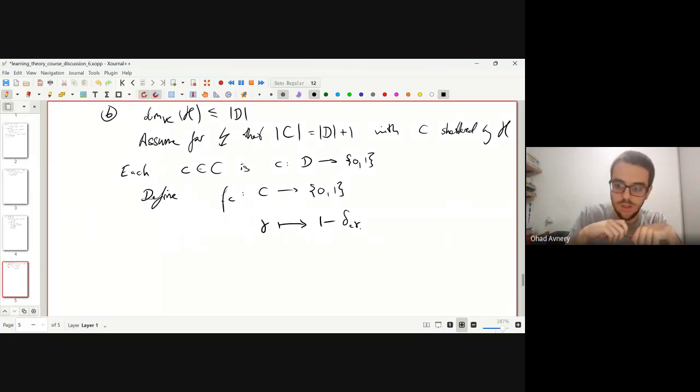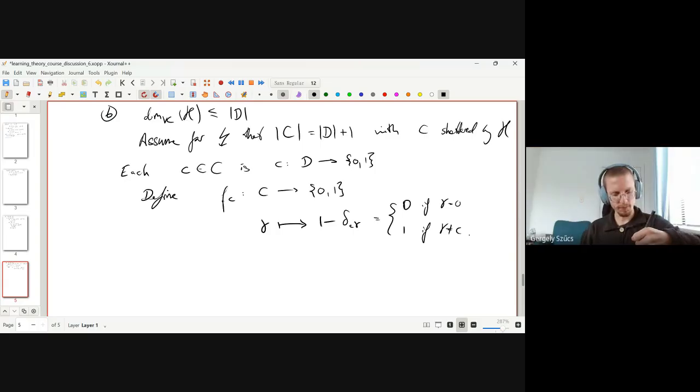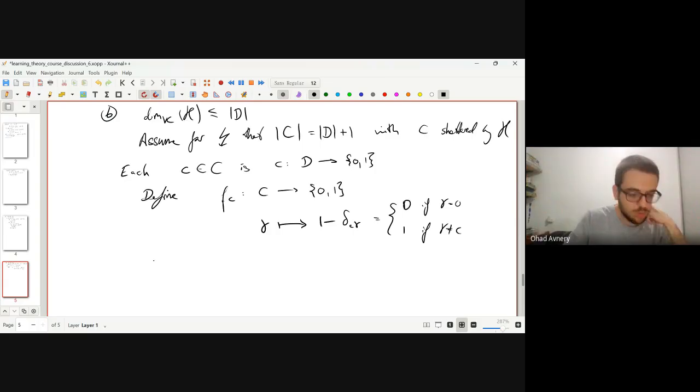So this function is true on all assignments except one, which we diagonalized, and by assumption there is an explicit conjunction phi-c, which reduces to fc.